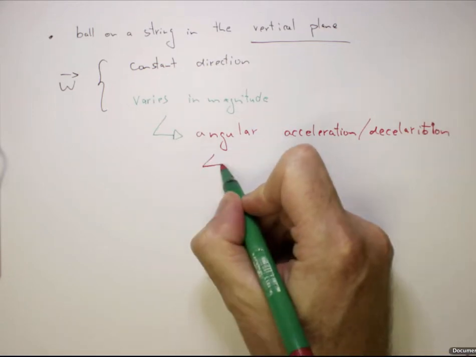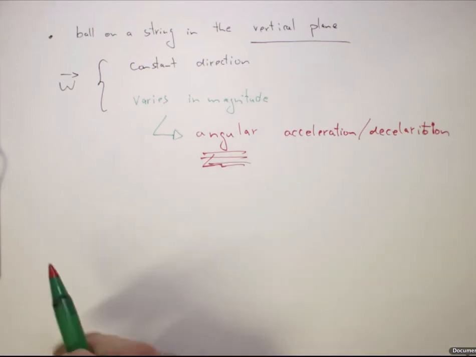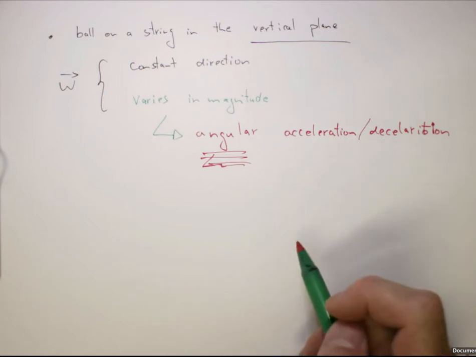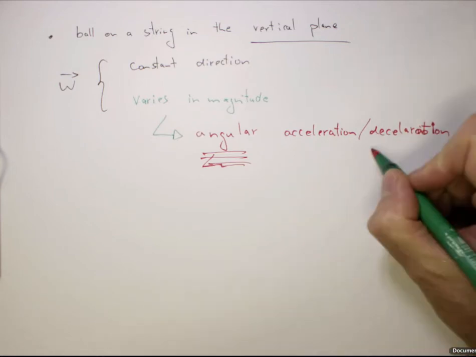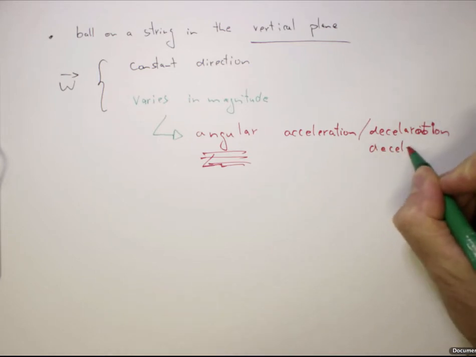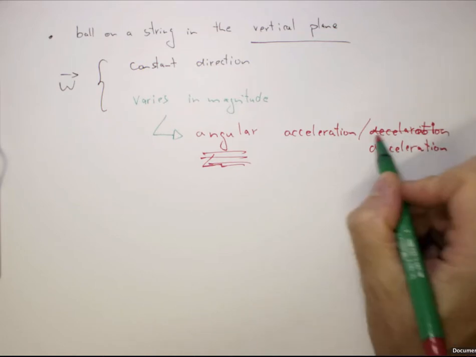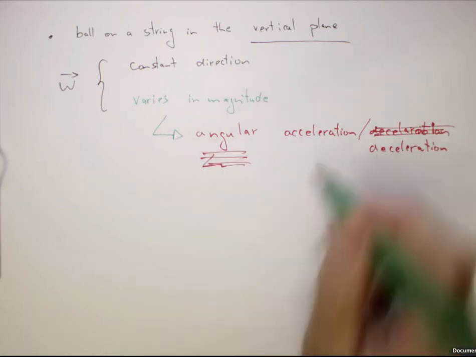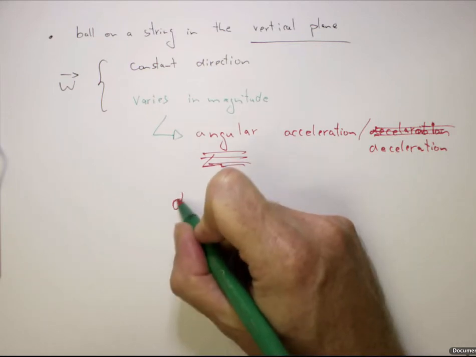And as before, the term angular indicates that we're not talking about linear acceleration and deceleration. You're familiar with linear acceleration and deceleration, and now we're dealing with a different property, which we call alpha.